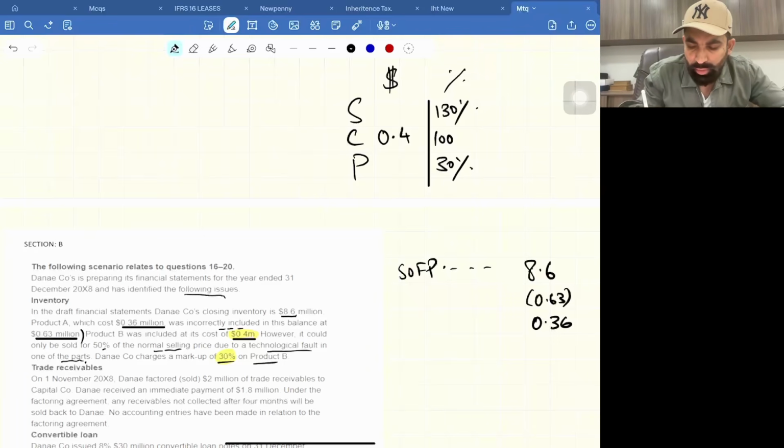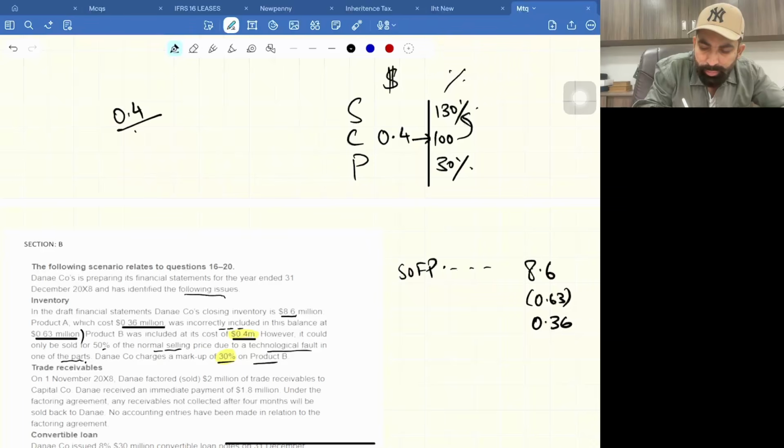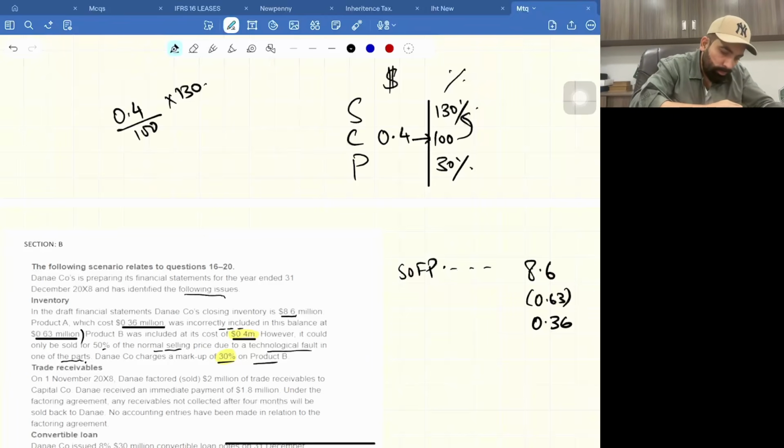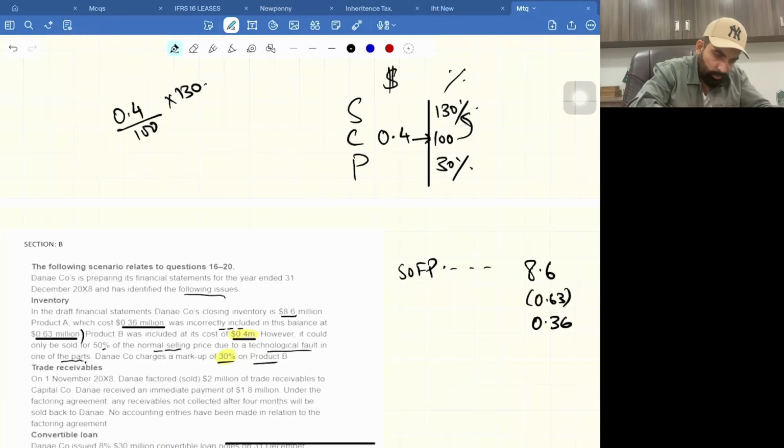Now can anybody calculate the selling price? Yes, 0.4 is equivalent to 100, so 0.4 divided by 100 times 130. This is 0.52.